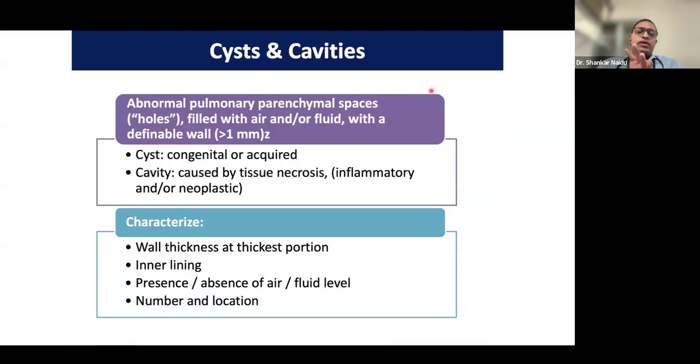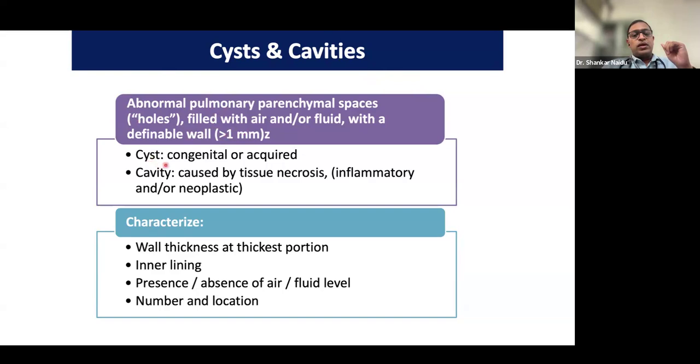Then the other important findings that we might come across in our patients would be presence of cavities, especially when we are suspecting tuberculosis, and maybe sometimes small cysts when we are suspecting pneumocystis infection. Cysts or cavities are abnormal pulmonary parenchymal spaces filled with air and or fluid with a definable wall.